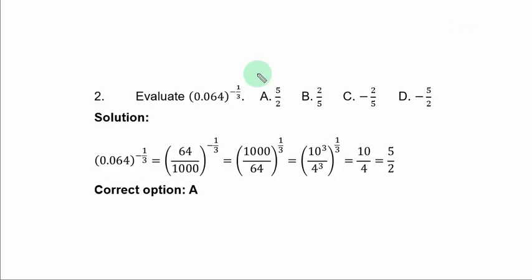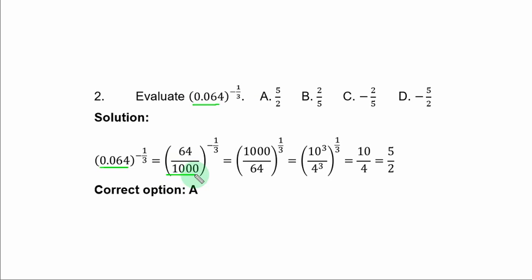Question 2. Evaluate 0.064 to the power of minus 1/3. What to do first is to convert this decimal fraction to an ordinary or common fraction. That is 64/1000.